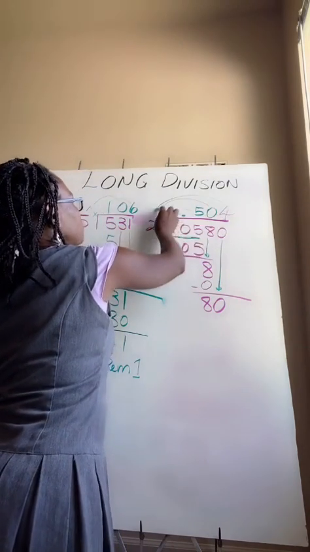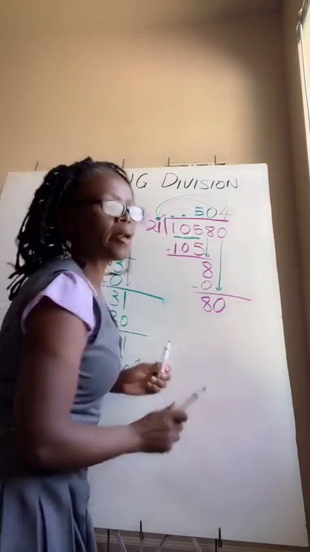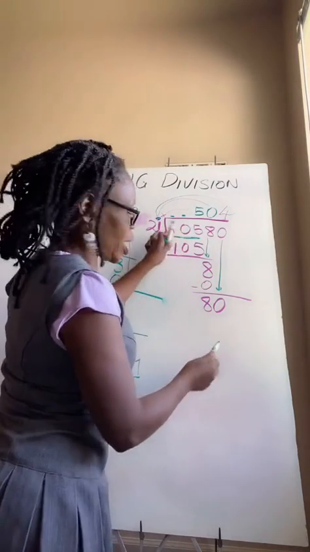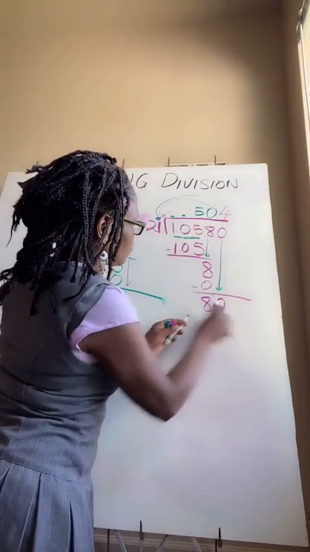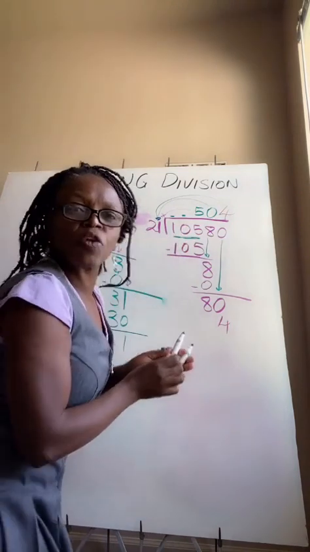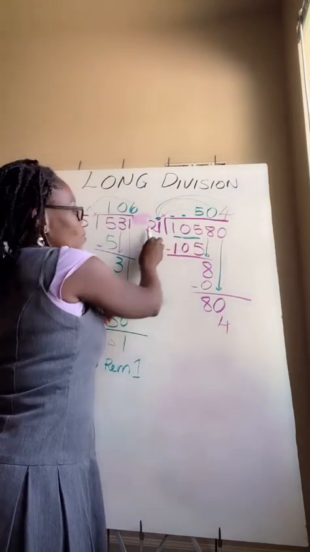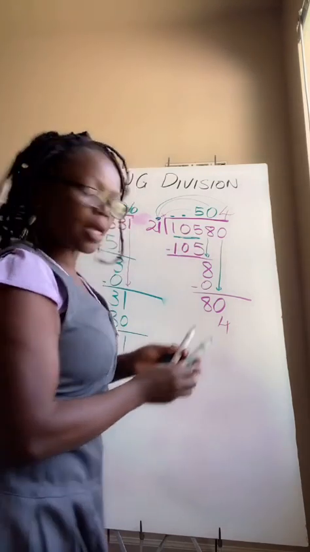What's 4 times 1? It's 4. And what's 4 times 2? 4 times 2 is 8.